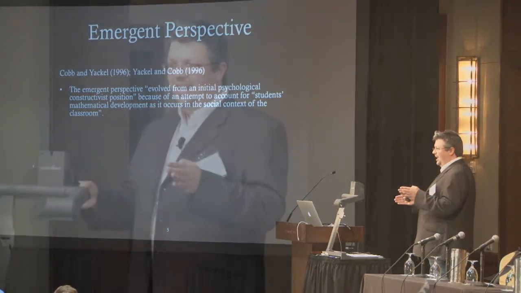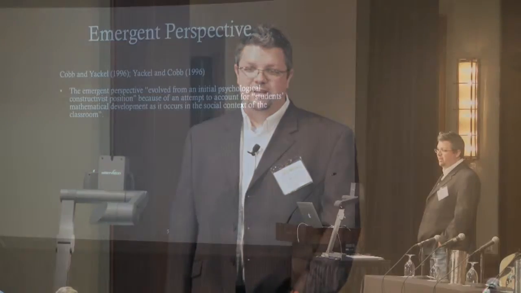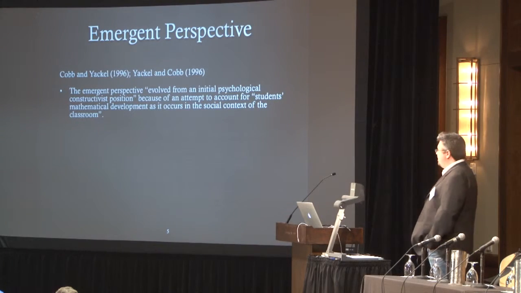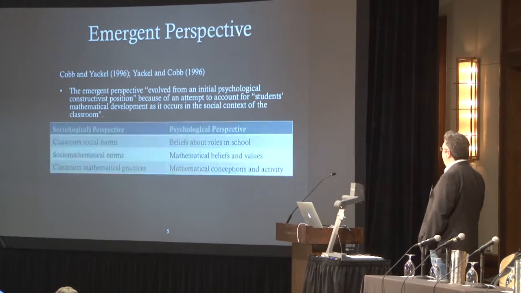So originally, they thought more about just constructing in the psychological domain. But they wanted to account for students' mathematical development as it occurred in the social context of the classroom. So they felt the need to expand beyond just the psychological phenomena, to explain what they were seeing and to study what they were trying to understand.